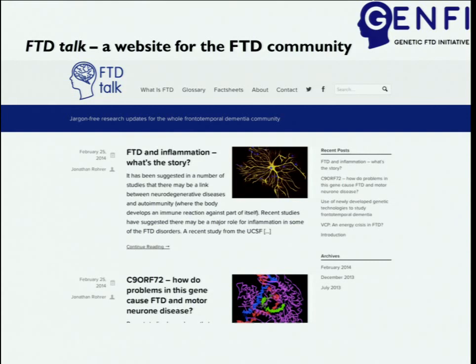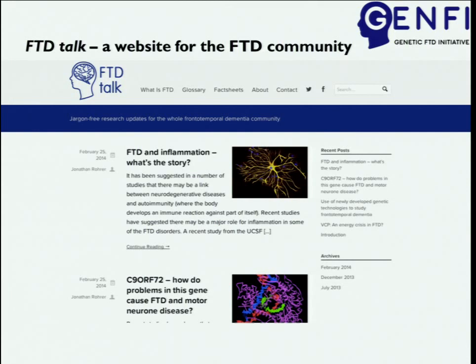The main idea is for us as researchers to be able to tell you in a simple way what's going on in FTD research, to keep you up to date. So usually once every couple of weeks, when an interesting paper comes out, we write a very short 2 or 3 paragraph introduction to that bit of research.